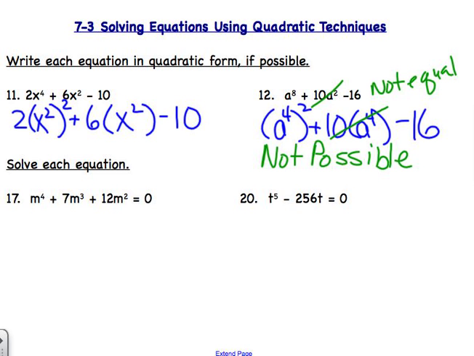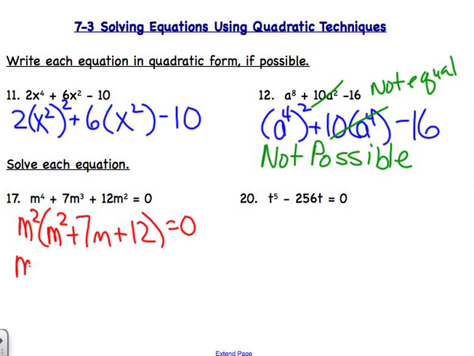Number 17 and 20 ask us to solve. Whenever you're asked to solve, you should pull out your greatest common factor first, which in this case is an m squared. You are left with m squared plus 7m plus 12. What's inside of the parentheses is a quadratic, so you are able to factor immediately.